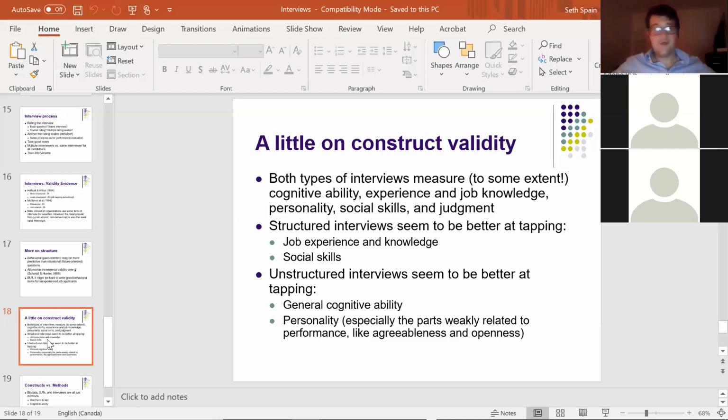They're pleasant to be around. They give you the impression that they're going to try to help you out. But also openness. People who are open tend to be interested in talking about experiences and those sorts of things. So again, even unstructured interviews are tapping real individual differences. They're tapping real characteristics of people. They're just not necessarily doing it as well as something that's designed to do those things, and some of what you're getting does not have a lot of bang for its buck.